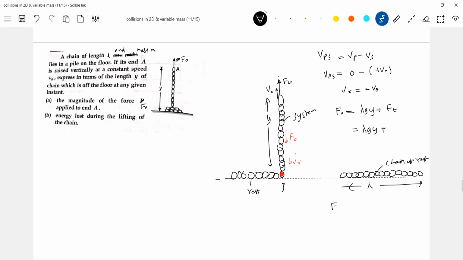The thrust force should be equal to VR into dm by dt. Dm, what can you write? Lambda into dy by dt. And VR equal to V naught, dy by dt should be V naught. So lambda V naught squared. This is the external force.